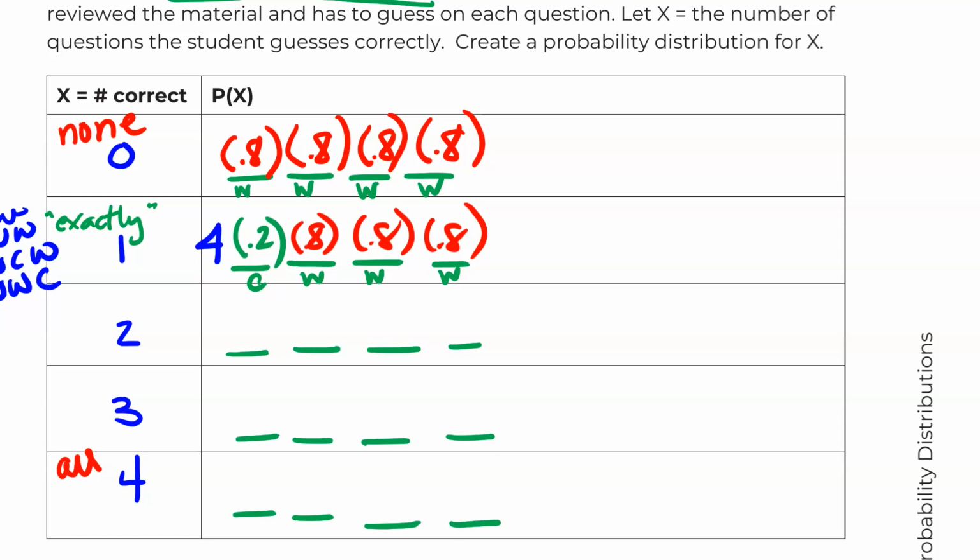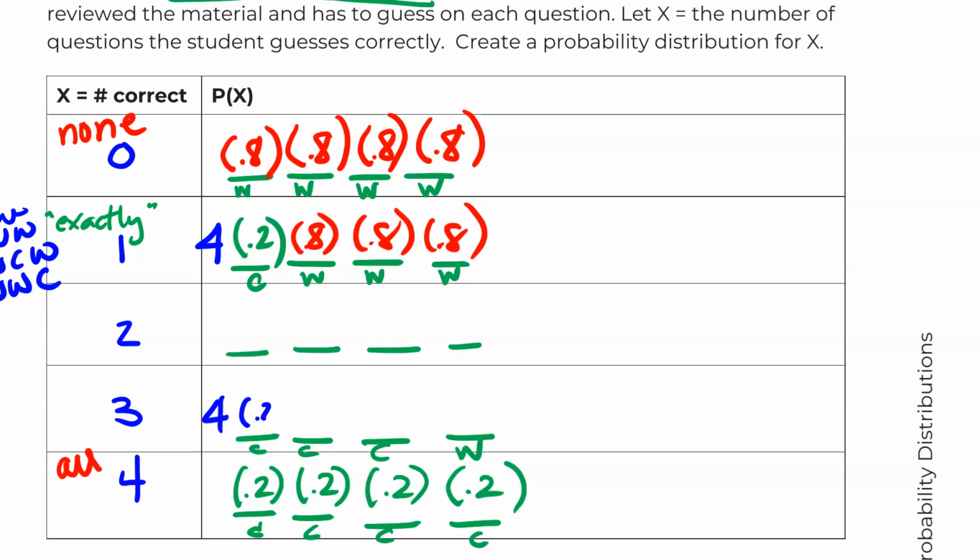So I'm going to jump to number 4, because 4 is an easier one to deal with than number 2. Correct, correct, correct, correct. In this case, there's no other way to order that. That's the only way this magical thing could happen, which is 0.2 times itself 4 times. And then I'll do 3. In 3, there's only 1 wrong, so again, that could happen 4 different ways.